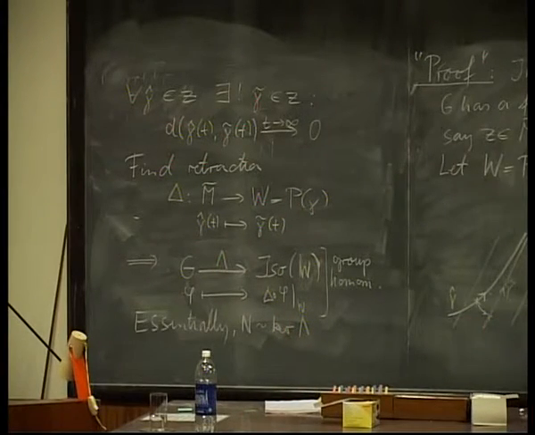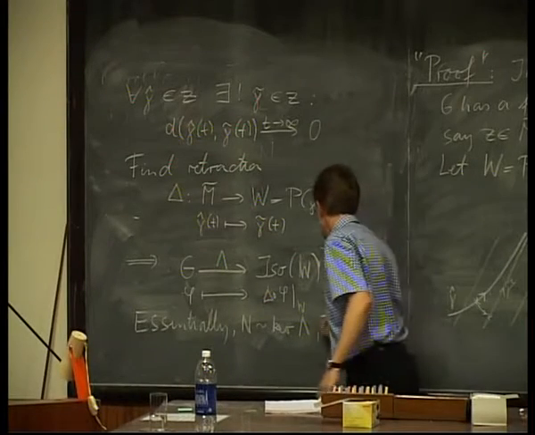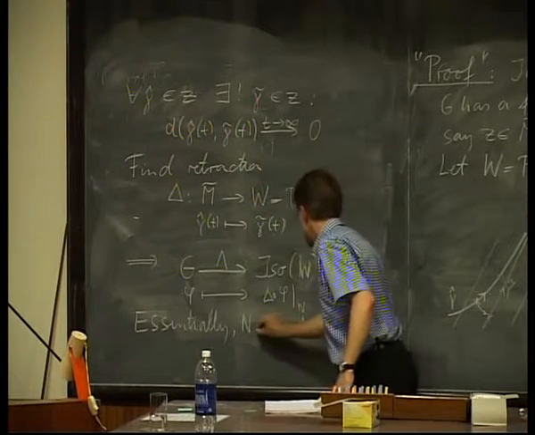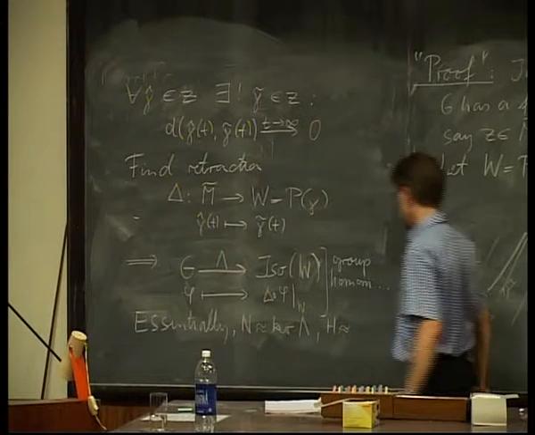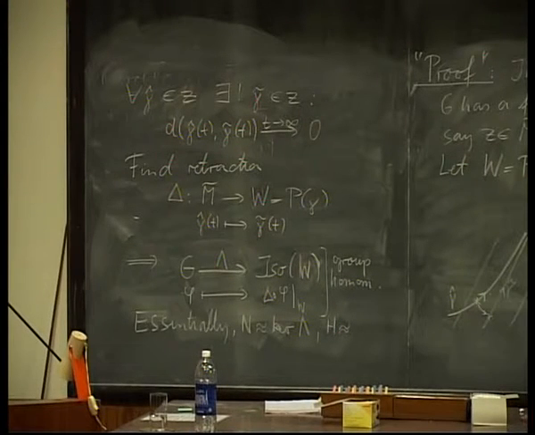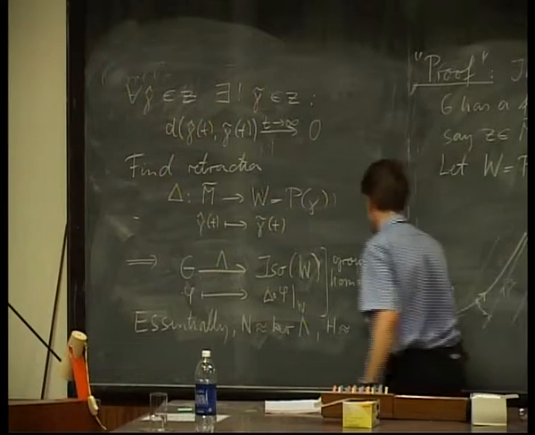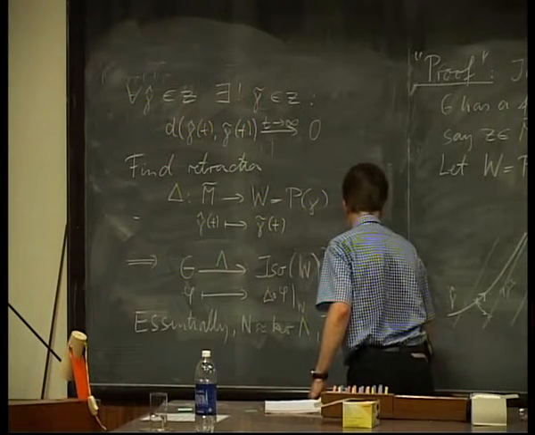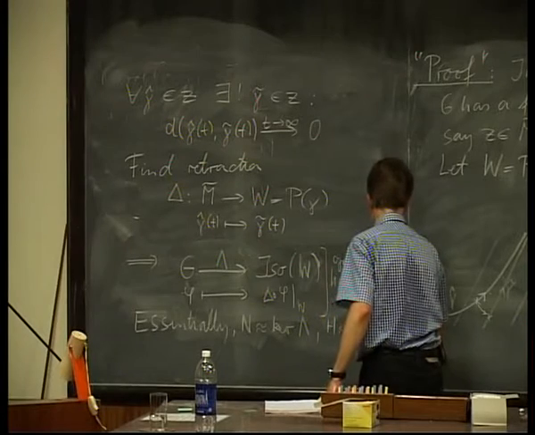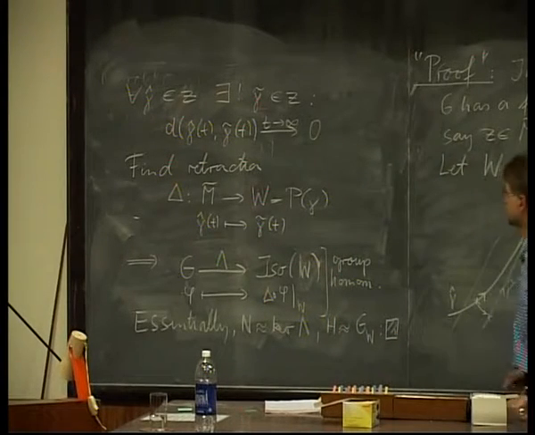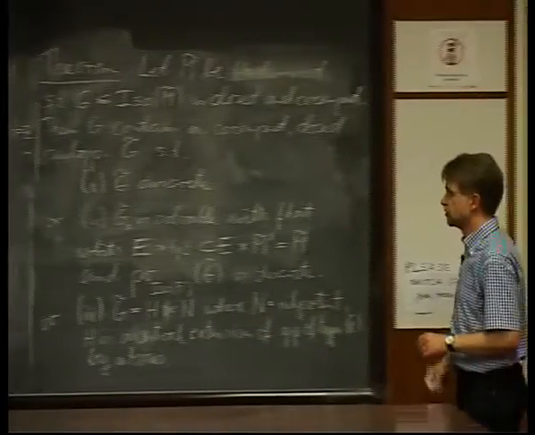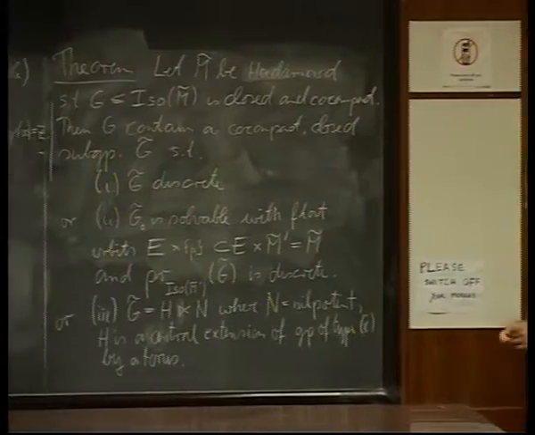This will be the normal subgroup, and H will be essentially, up to a finite number of modifications, the stabilizer of W. So this group action on this parallel space appears to be very suitable and gives a nice structure of the acting groups.